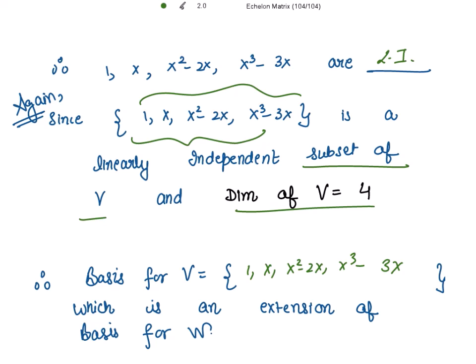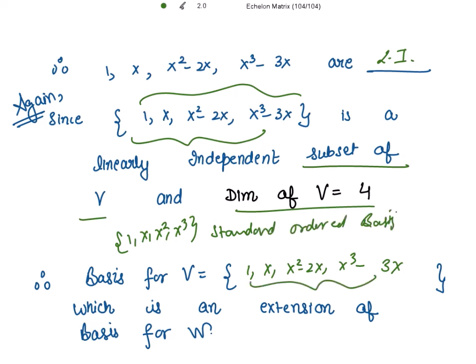Please remember, the standard ordered basis is 1, x, x square, x cube. Please don't confuse. These are the extension of the basis of W to form the basis of V. So these also form a basis of V, but not the standard ordered basis. Okay, thank you.